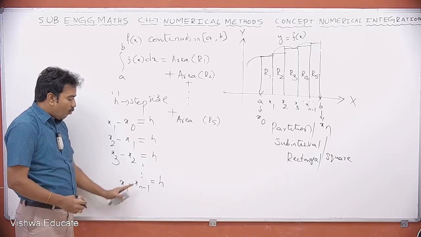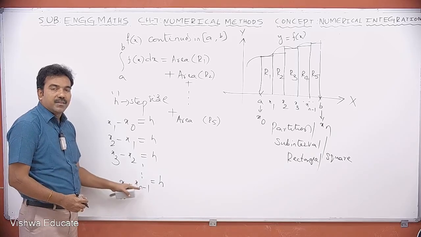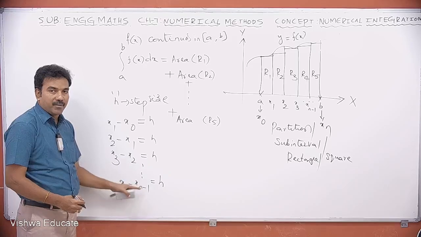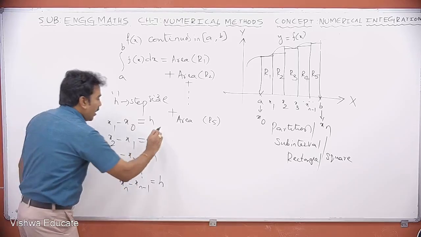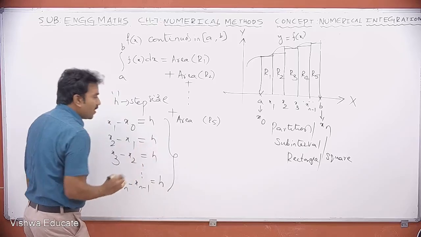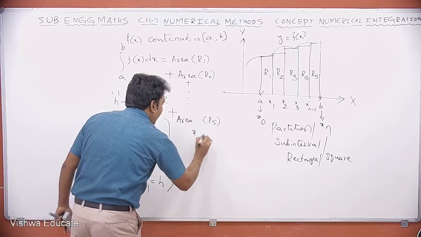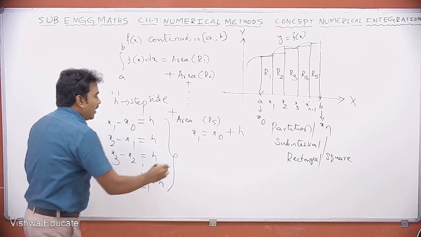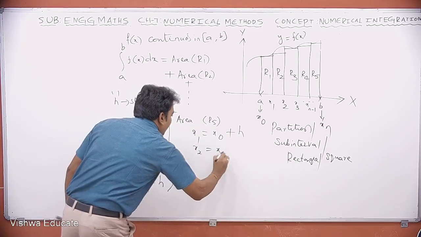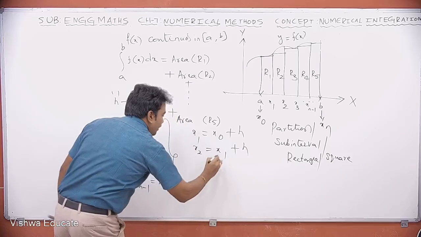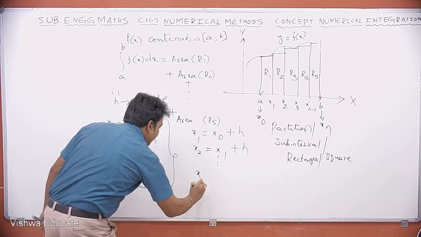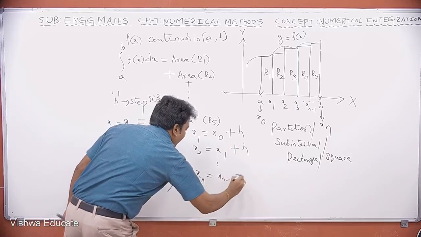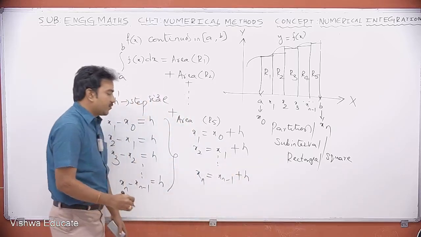Okay. Now what is this n? This n represents the number of subintervals. So when you combine all these, the relation we have is x1 equal to x0 plus h, x2 equal to x1 plus h, and similarly xn equal to xn minus 1 plus h.